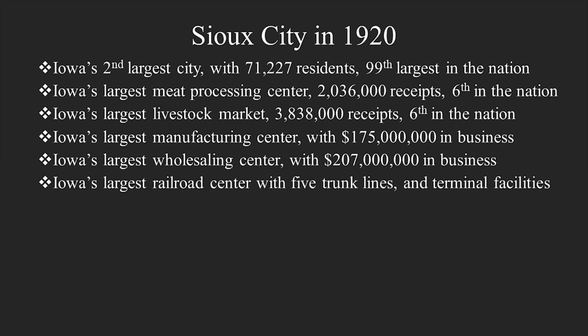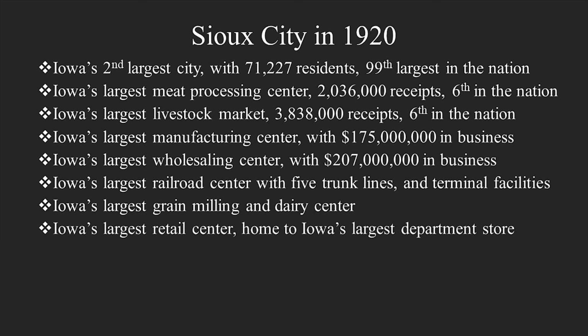Sioux City was Iowa's largest railroad center with 5 trunk lines, all 5 of which having terminal facilities here. Sioux City was Iowa's largest grain milling and dairy center. Sioux City was Iowa's largest retail center and home to the state's largest department store, Davidson Brothers.